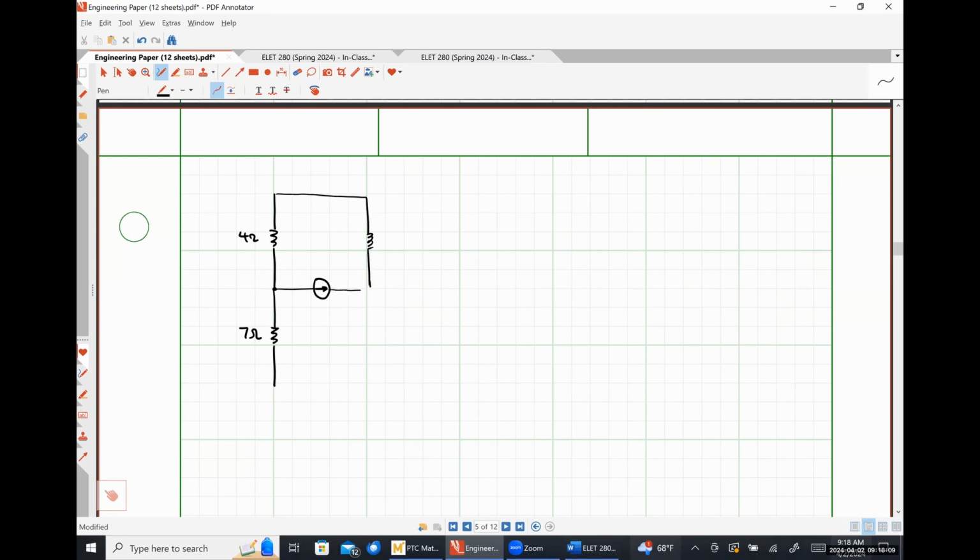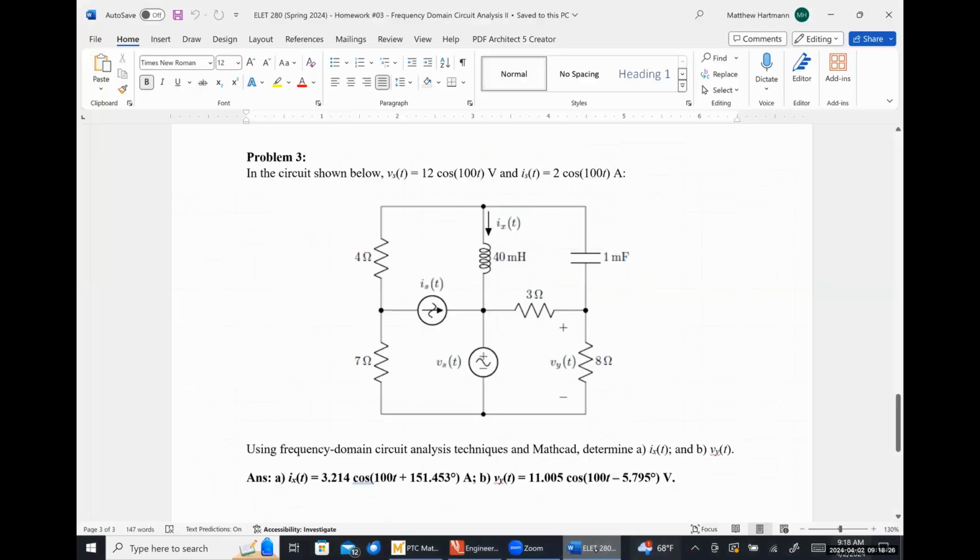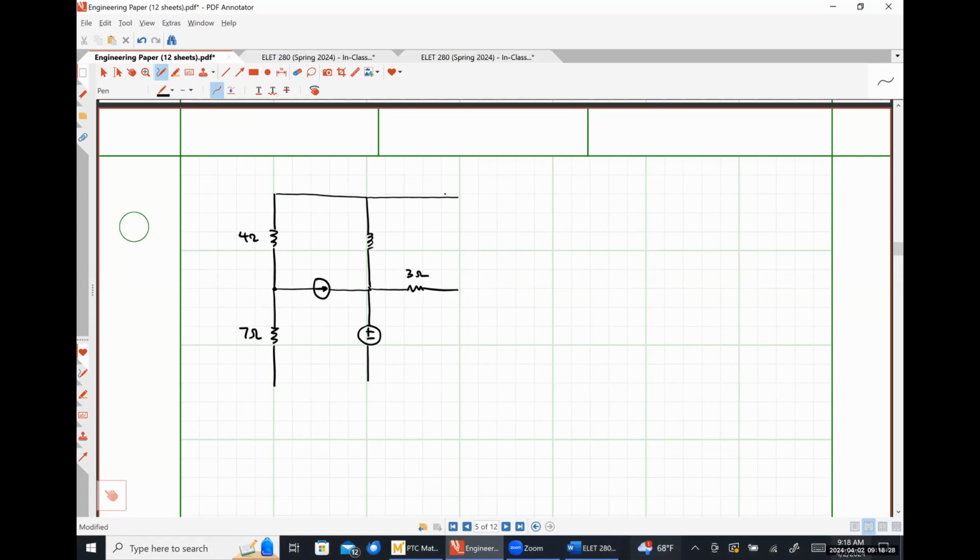And I'm just going to draw it in the frequency domain from the jump because I want to. Capacitor over here.